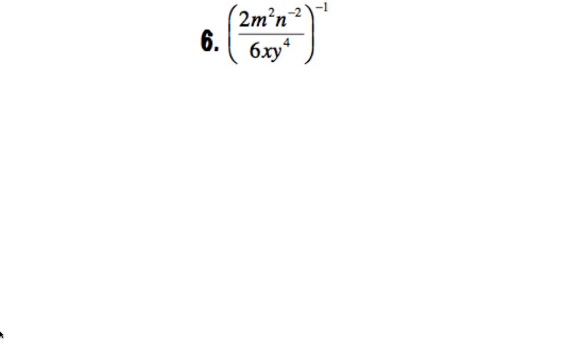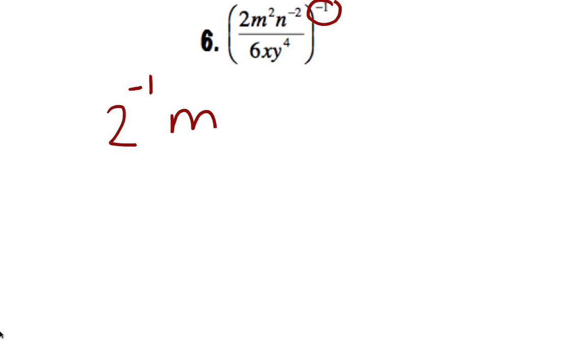All right. Number 6. Our problem is becoming a little bit more complicated here. We need to use the power of a product property from section 8.1, and we need to distribute the power of negative 1 to everything inside this set of parentheses. So I'm going to get 2 to the power of negative 1, m squared to the power of negative 1.